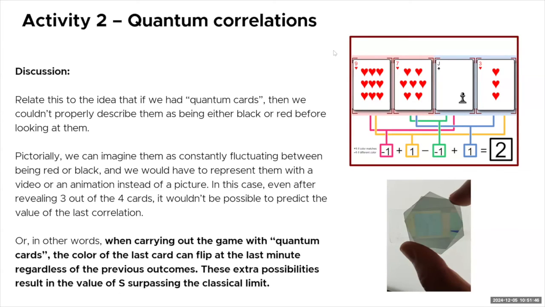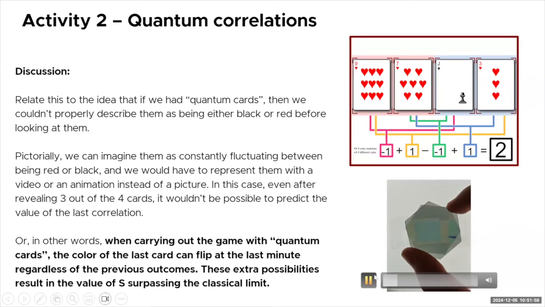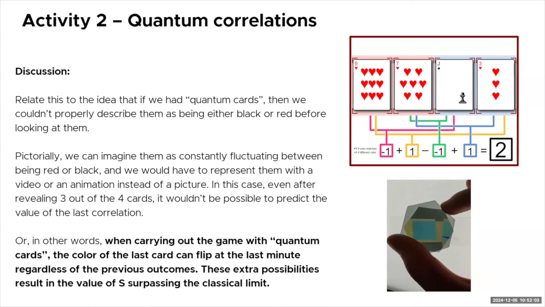But once you're playing with actual quantum particles, we can think about what would be the equivalent of a quantum card. It would have to be a card that is constantly fluctuating between black and red, something where you cannot really define the color as it is. So with these extra possibilities, that's why you can get a correlation that is larger than 2.